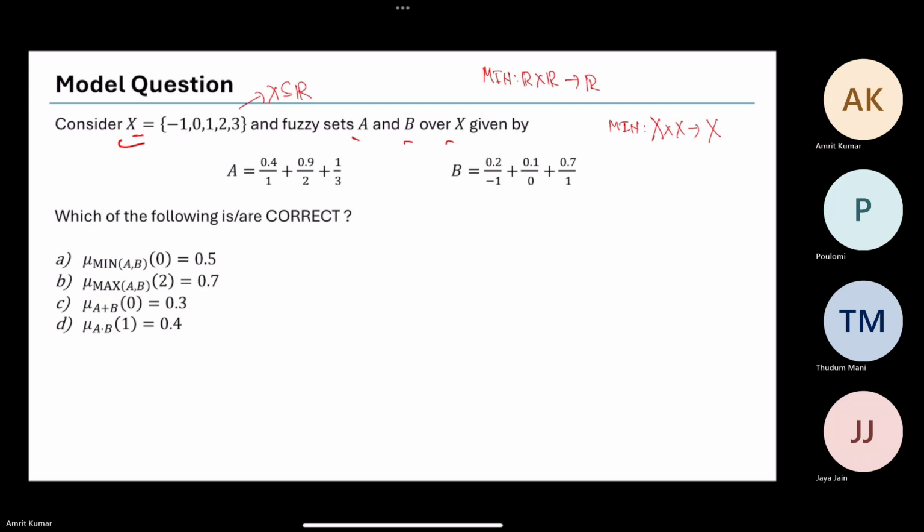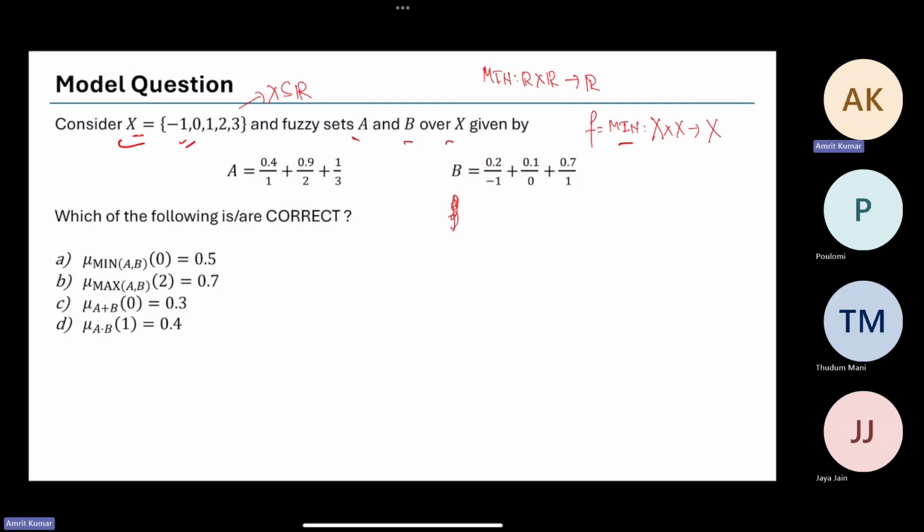Okay. You give me any two numbers in this set X, you give me minus 1 and 1 or 0 or 3 or 1 or 2, I can compute their minimum and that is going to lie in X itself. So minimum can also be seen as an operation from X cross X to X, right? So we have a function F. So here F is our minimum, right?